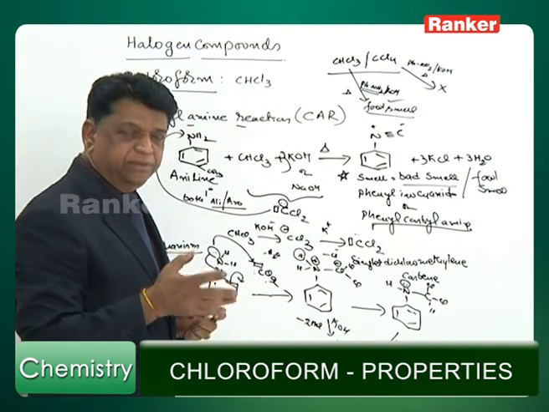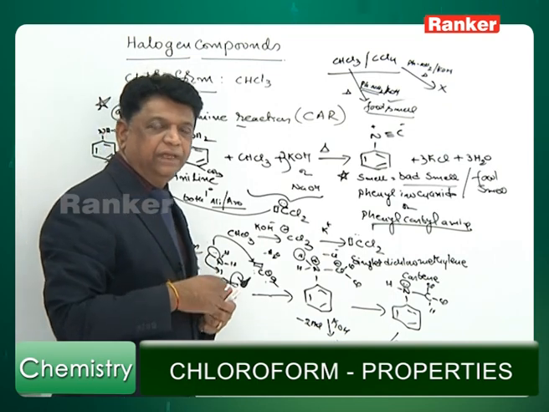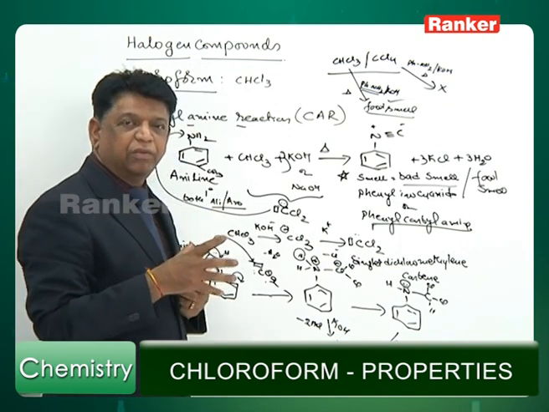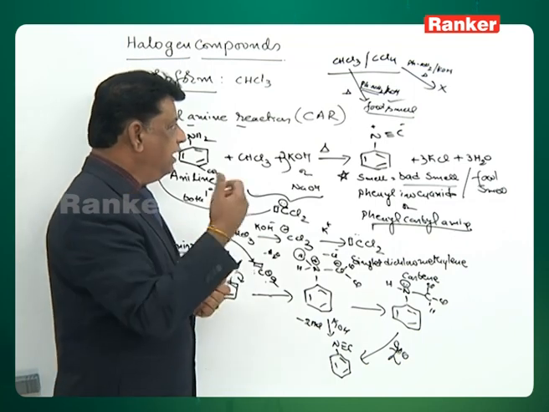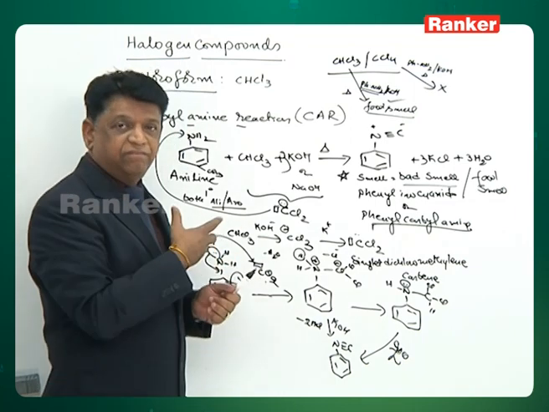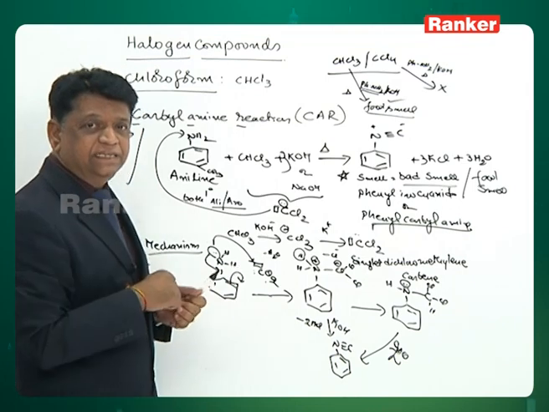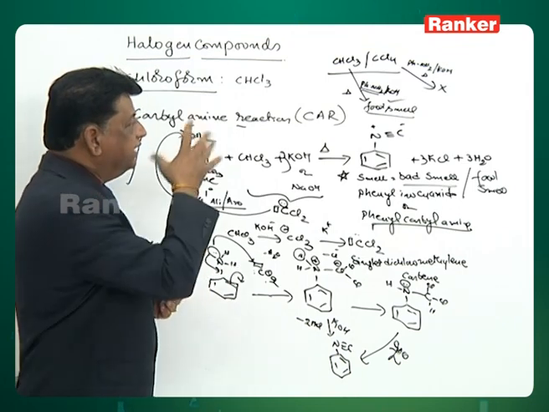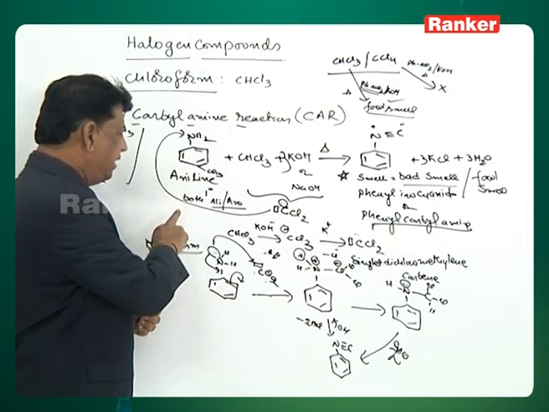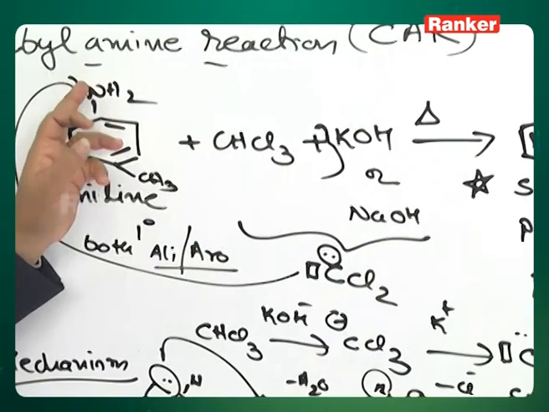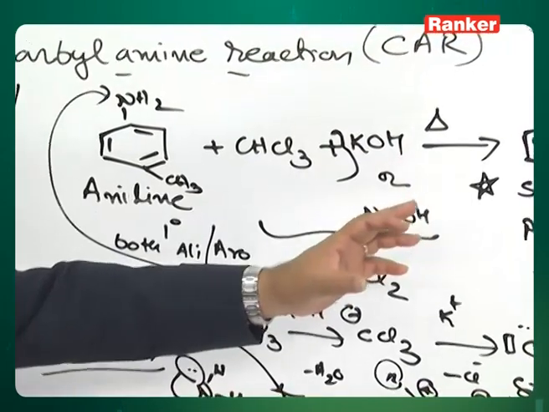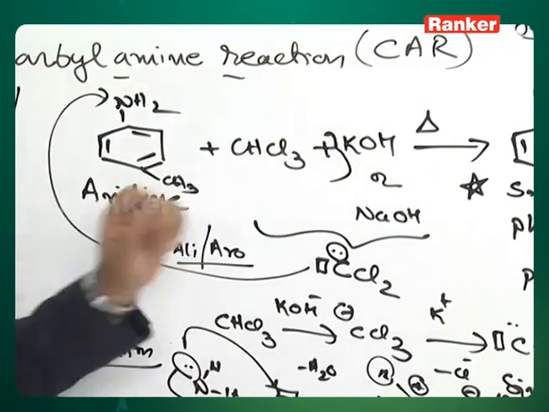Quite a number of times the smell is the test, isn't it? Whenever sulfur containing compounds, sulfides, are treated with acid, they liberate H2S gas, which has a rotten smell. Like that here, 1 degree amines, aliphatic as well as aromatic, will liberate carbylamines when chloroform and KOH are added.